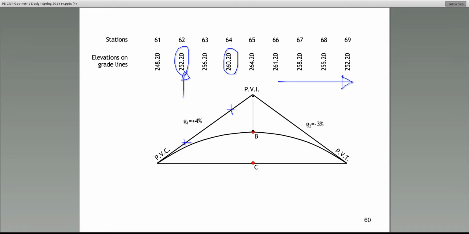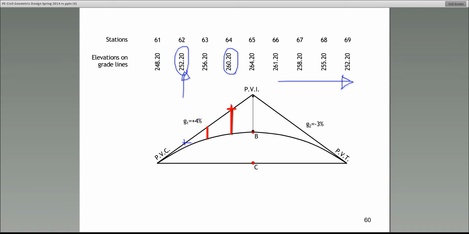Now, the next thing you need to learn how to do is what I define to you as the offsets. I need you to understand what we're talking about. The elevations we just looked at give you the elevation on the grade line.